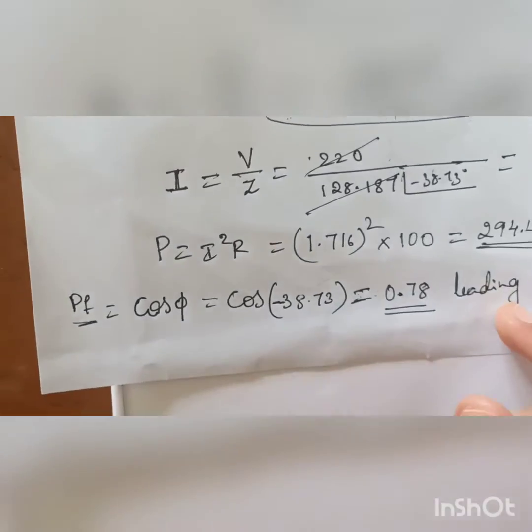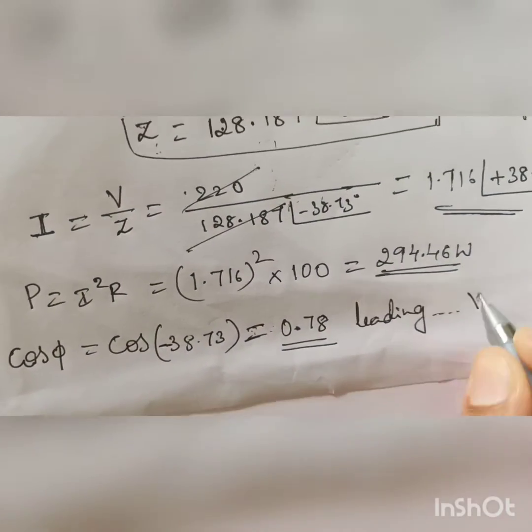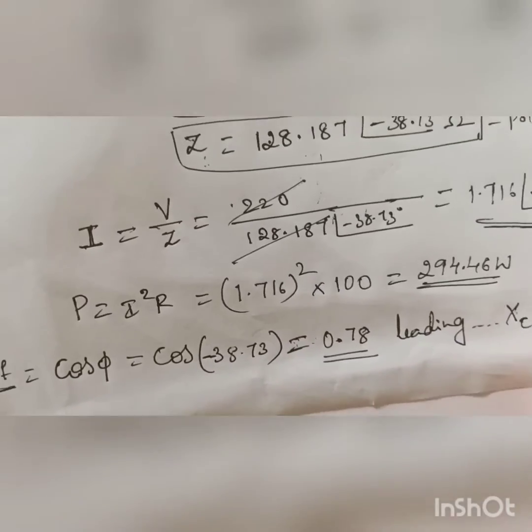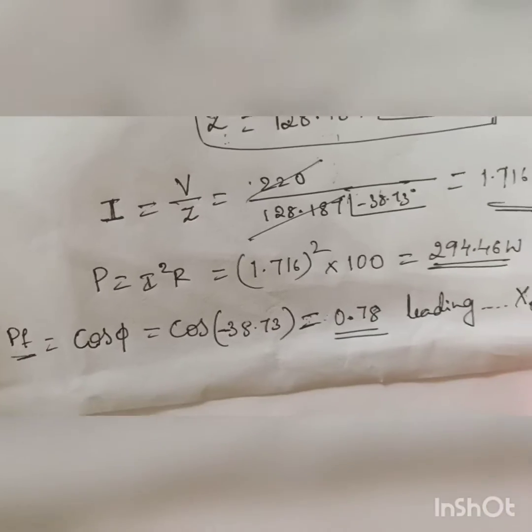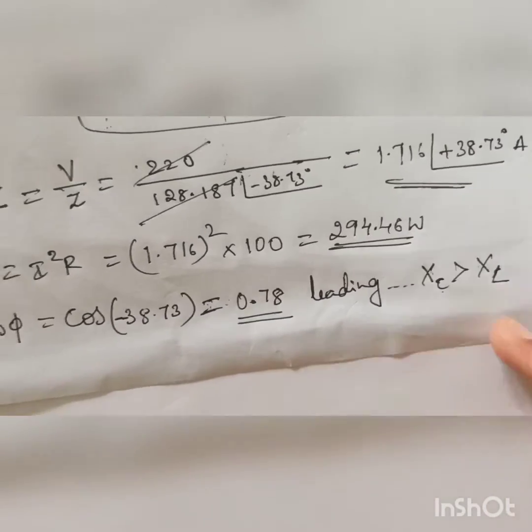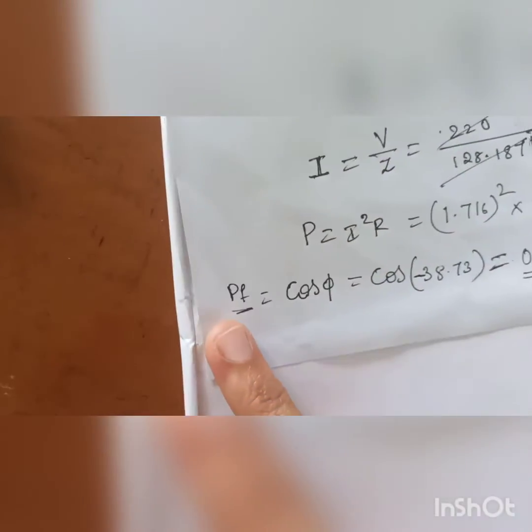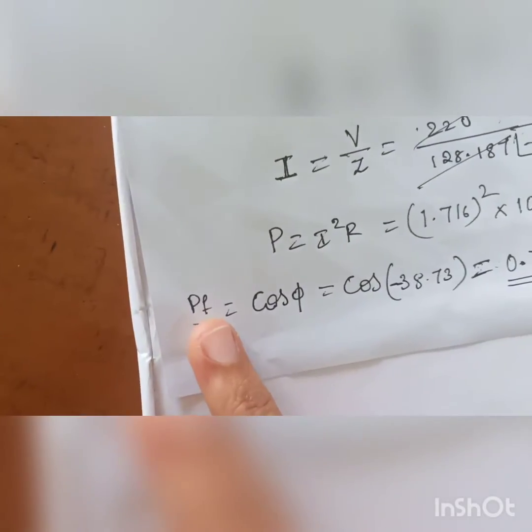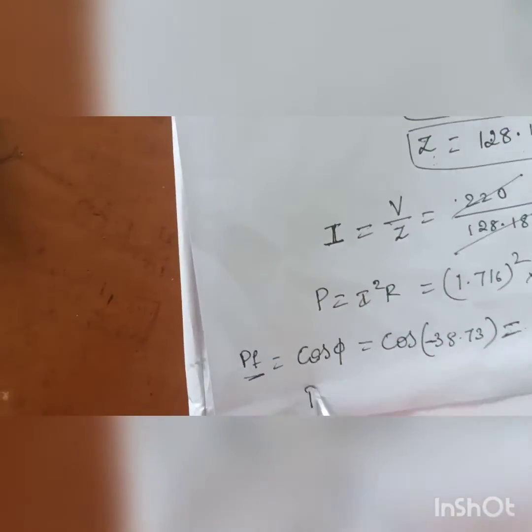So if it is leading, what we can say is XC is greater than XL. So finally, once you find out the power factor of the circuit, you can write the power easily.